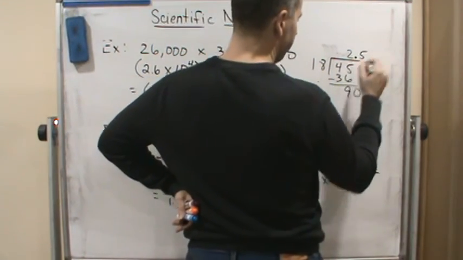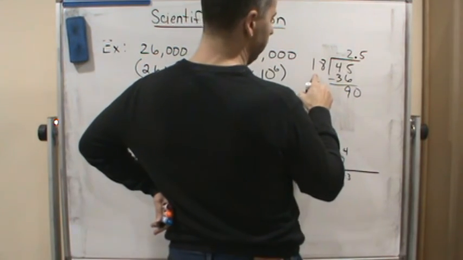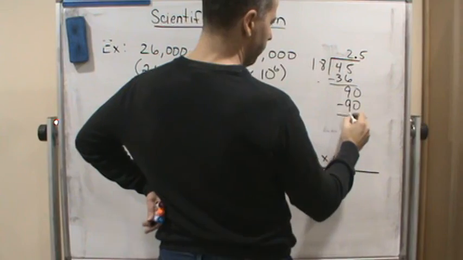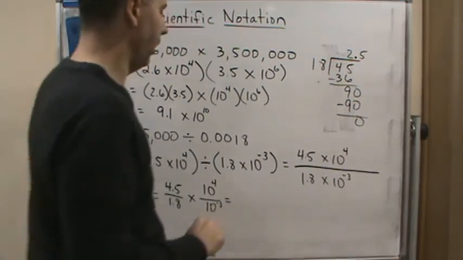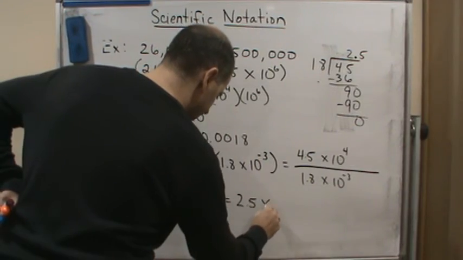So 5, so 50, so that's going to give me 90. So 18 times 5 is 90, and I get 0. So I get 2.5. So this gives me 2.5 times, now what's this?